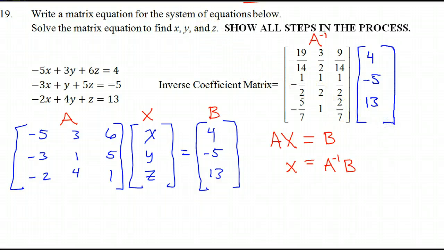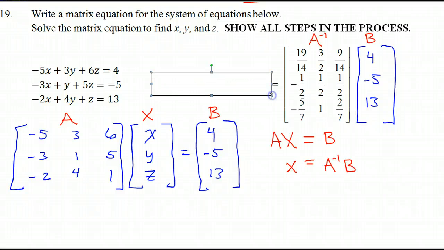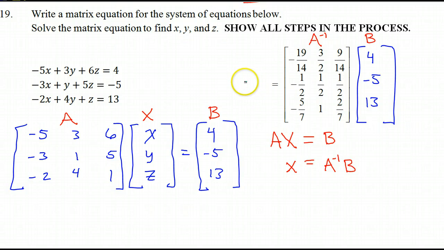That, my friends, is B. Now we have A inverse times B, and X should equal all this. In fact, I think I will just cover this up and replace it with my own: X equals A inverse times B.